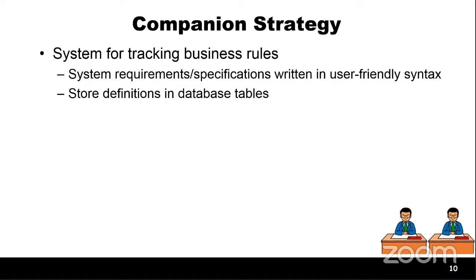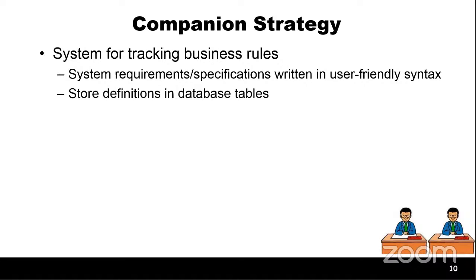So this all falls into the category of the way the data needs to be in the database for the business. So business rules is all about that. So if you have a system for tracking this, you can write these business rules in a user-friendly syntax and present them to users and validate your design and work that into the specifications and even into the test plans.